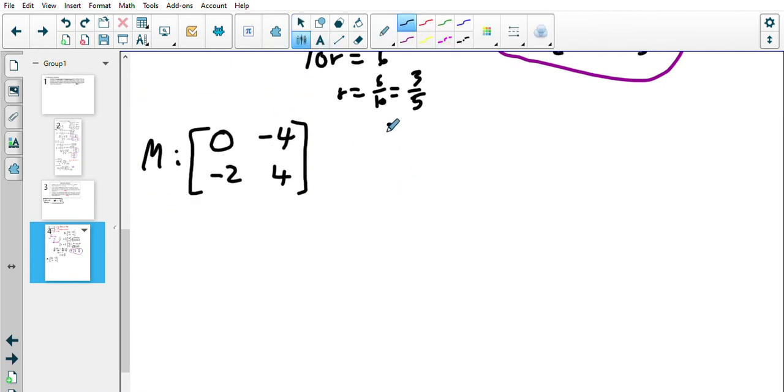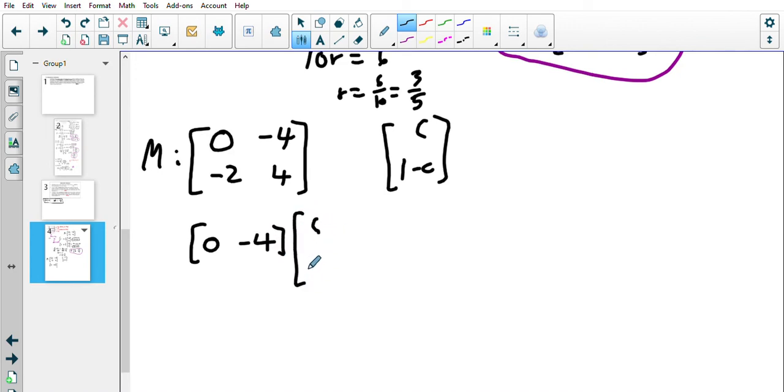And we'll use an arbitrary column strategy, C, 1 minus C. Play it against the first row. 0 times C, 0. Don't even really need to write that. Negative 4 times 1 minus C, negative 4 plus 4C.